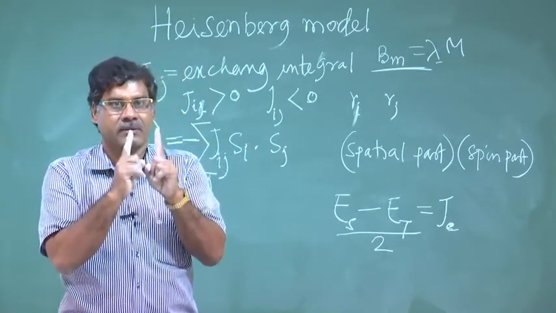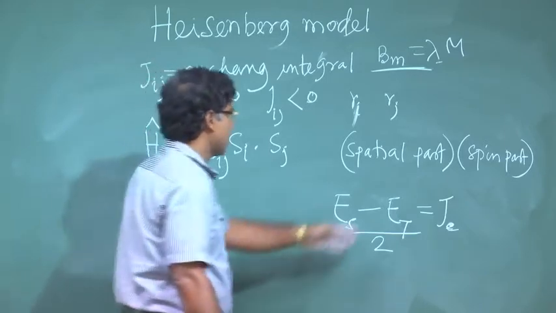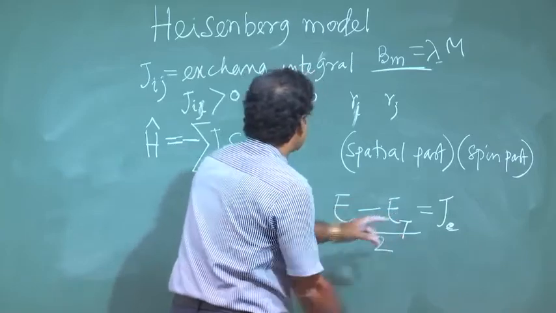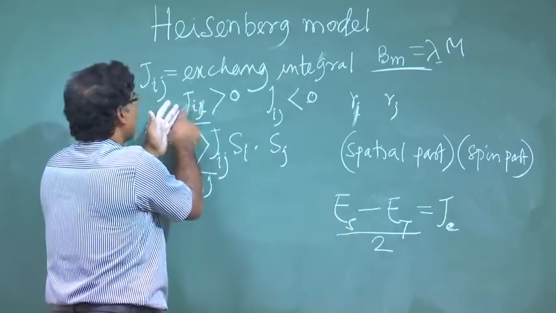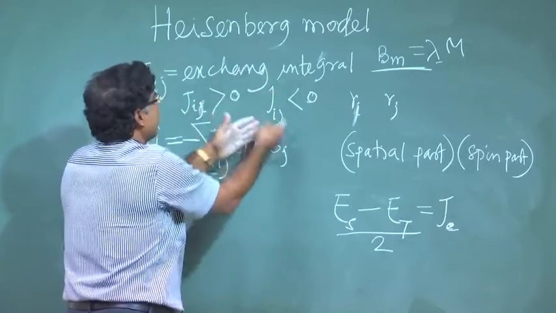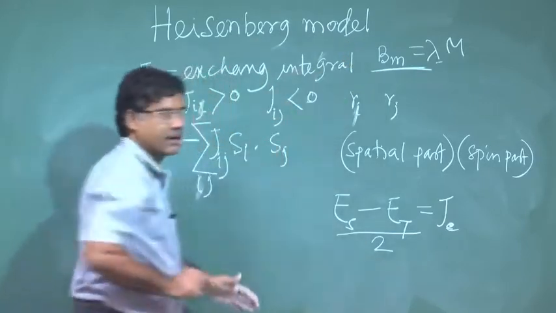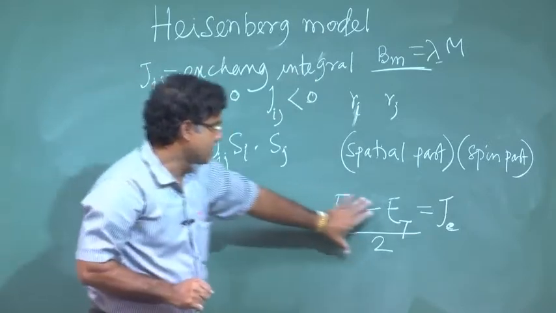So the ferromagnetic, parallel configuration will be preferable. Okay. So that is the significance of why we take J greater than 0 for ferromagnetic ordering and J less than 0 for antiferromagnetic ordering. So that comes from here.